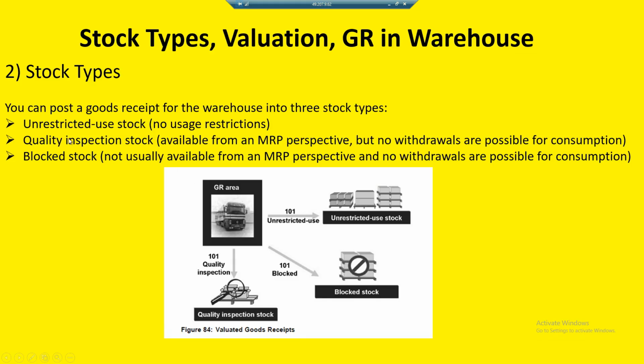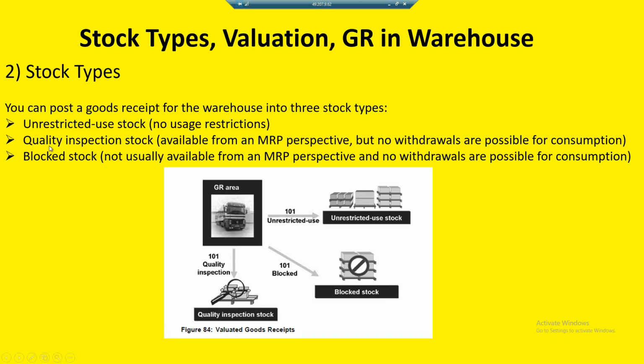Now next, what is quality inspection? It is available from an MRP perspective, but no withdrawals are possible for consumption. That means quality inspection stock available in the stores cannot be used for consumption, but from an MRP perspective it is available. Blocked stock is not available from an MRP perspective and no withdrawals are possible for consumption.